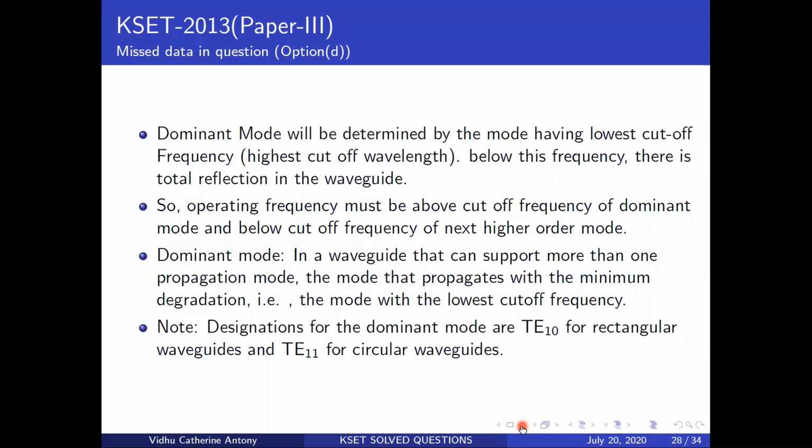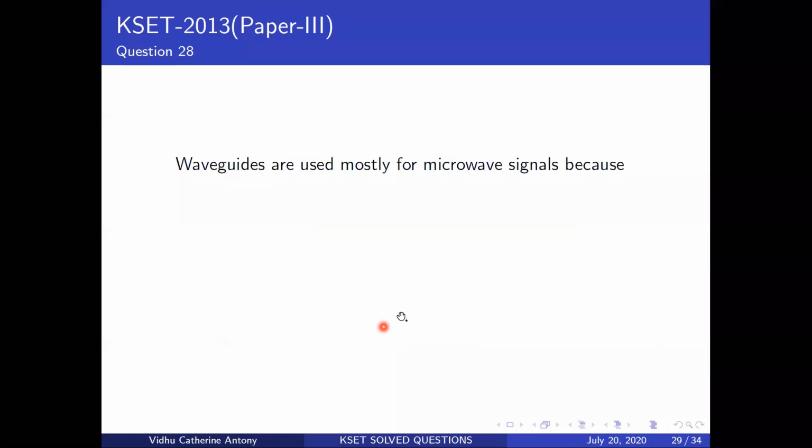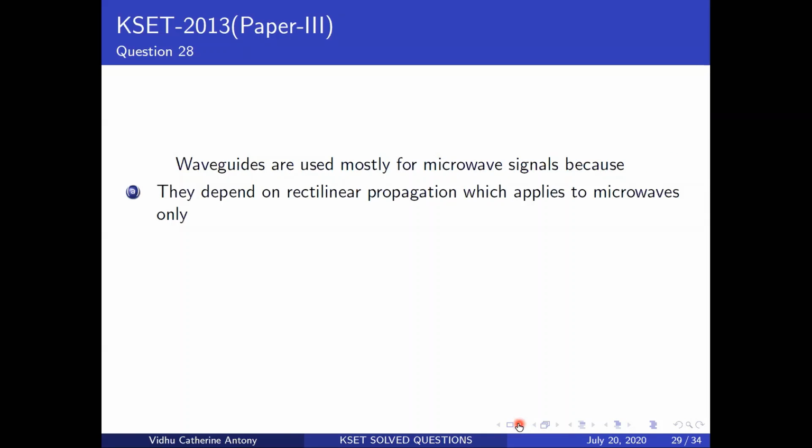Now let's just look at this. This is basically some kind of property of your microwaves. It's something that's supposed to be remembered. There's no other way about going about it, no tricks here or anything. So waveguides are mostly used for your microwave signals because they depend only on rectilinear propagation, which applies to microwaves only. Losses are too heavy at other frequencies.